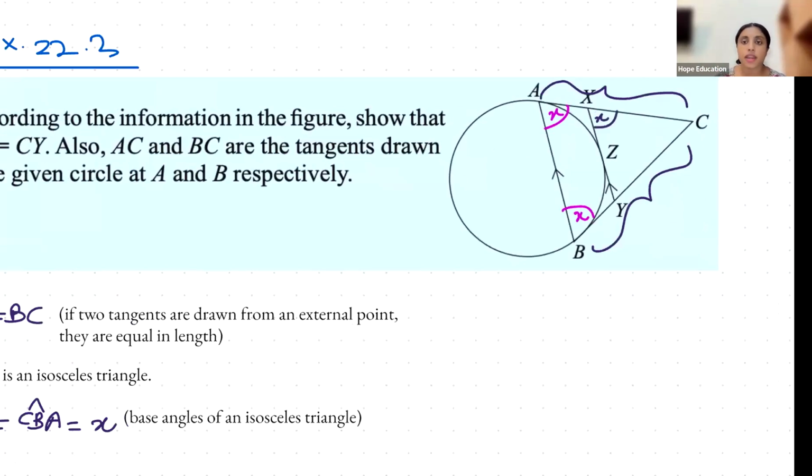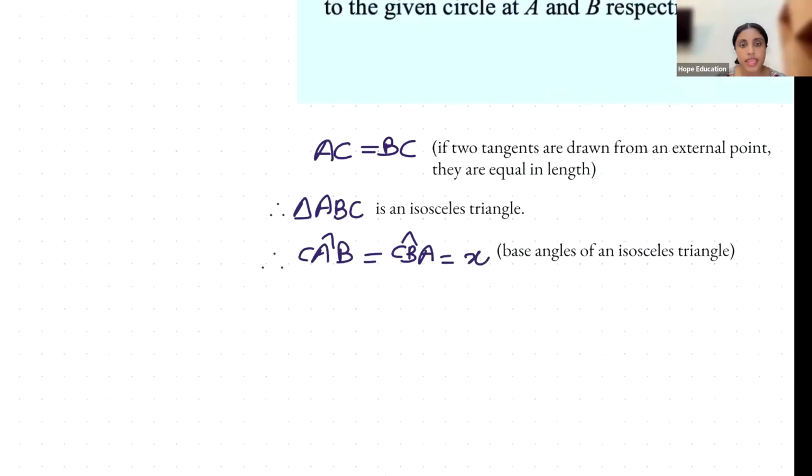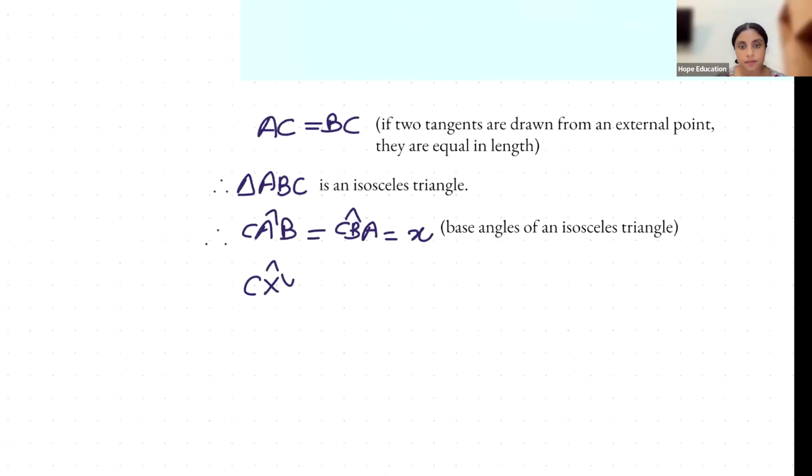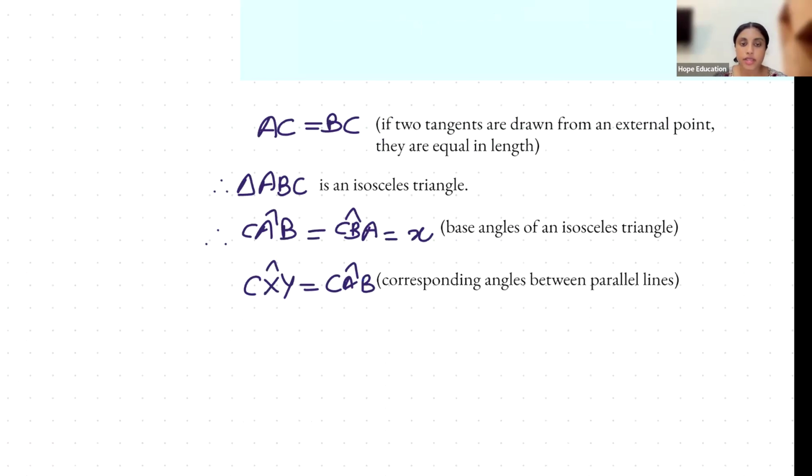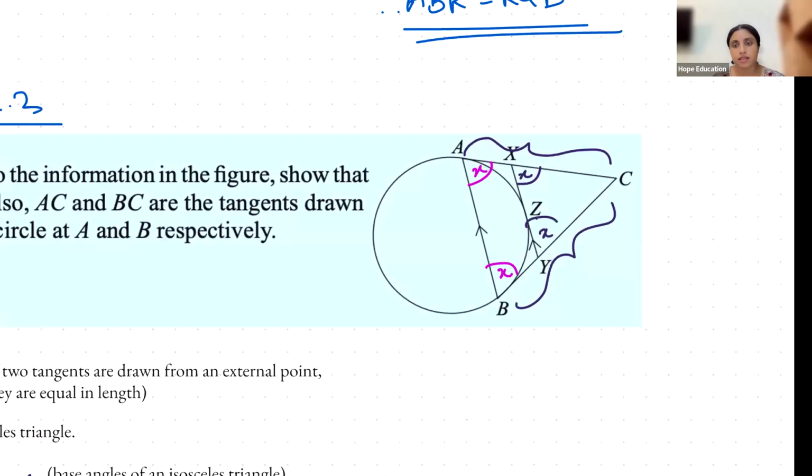Angle CXY equals CAB, corresponding angles between parallel lines. Therefore, CXY is also equal to x. In the same manner, this will also be equal to x because this and this are corresponding angles again.